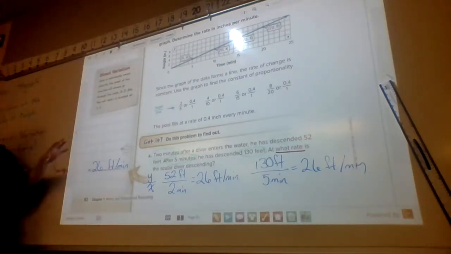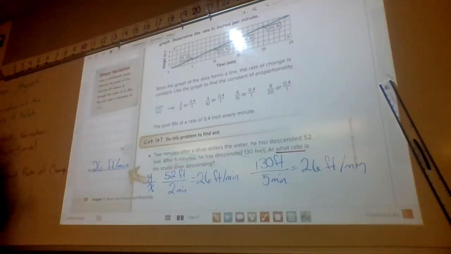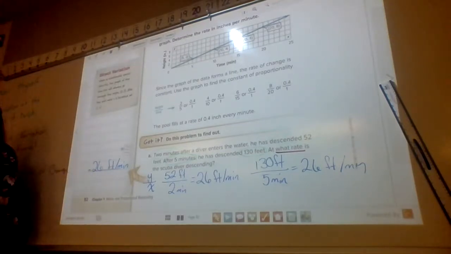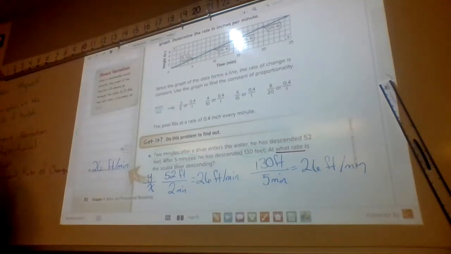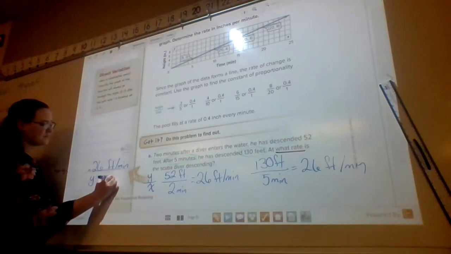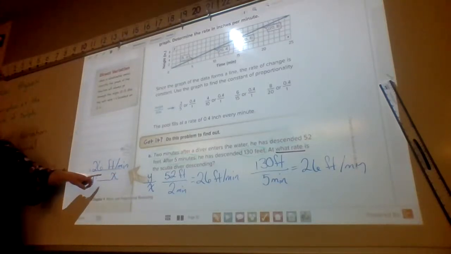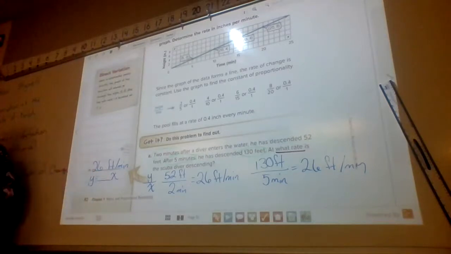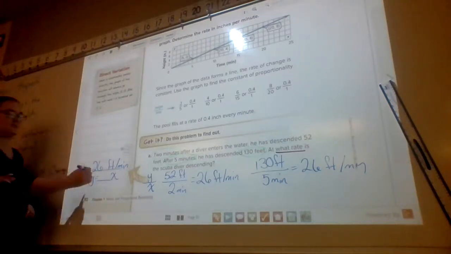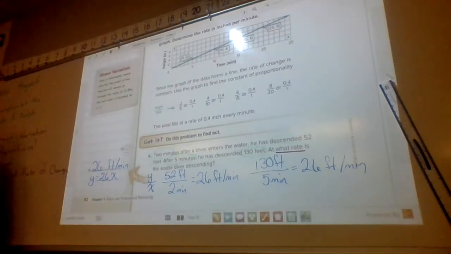And this isn't asked on this problem, but I'm going to show you something. That equation. To write an equation, you are always going to have y equals something times x. What do you think that something is? 26. If you find a constant, you put it right in front of the x. Make it the coefficient. That's all that equation requires.